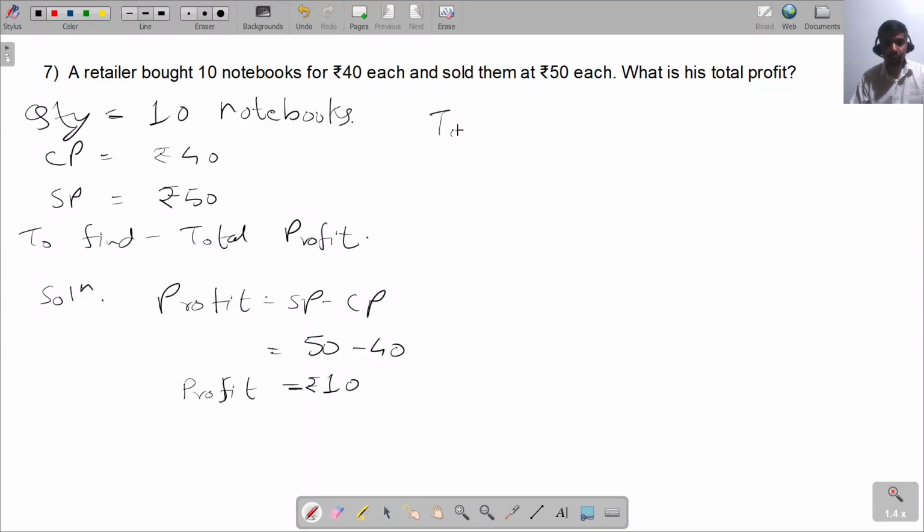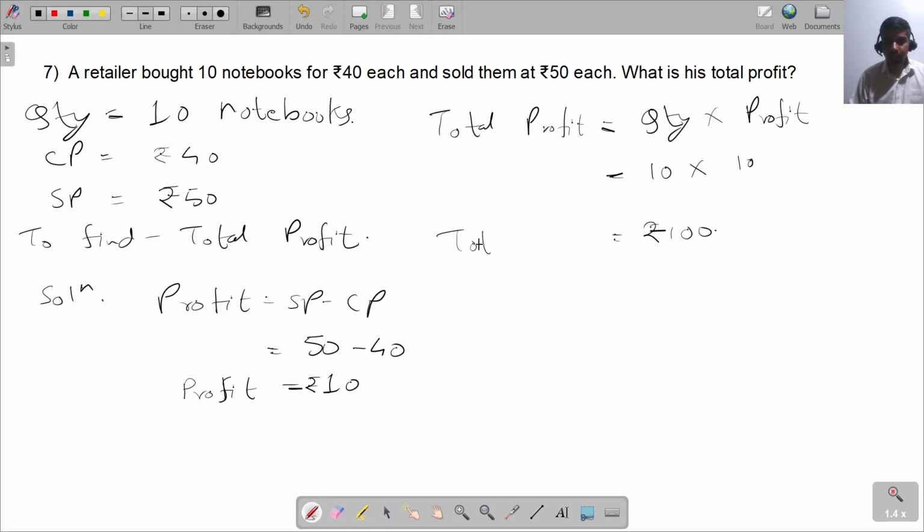So you have to find total profit. Total profit का फॉर्मूला क्या होता है? Quantity into profit. This is the formula for total profit. How many books he has sold, 10. Profit for each book is rupees 10, so total profit is rupees 100. This is the total profit.